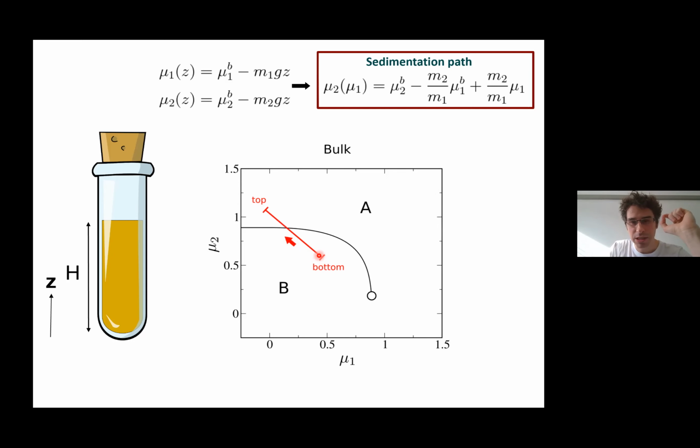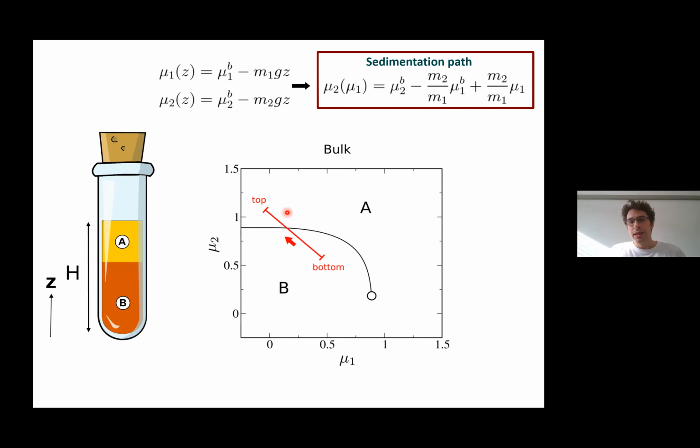Each point here corresponds to some position in the path. This is the bottom and this is the top. And then you can immediately read out the stacking sequence, because every time the path crosses a binodal, like in this point here, an interface will appear in the vessel. So the stacking sequence corresponding to this path is bottom B and top A.